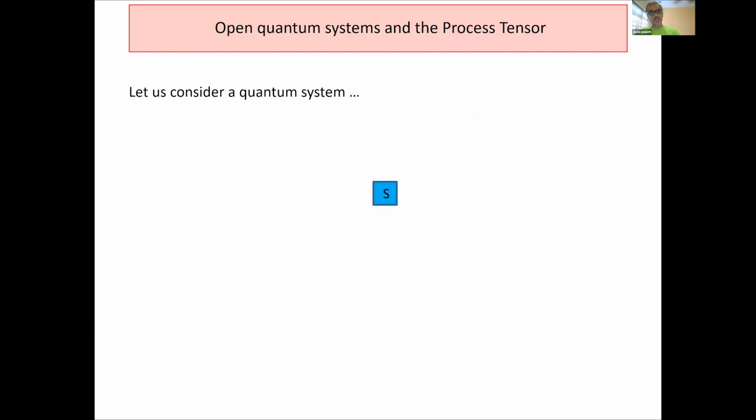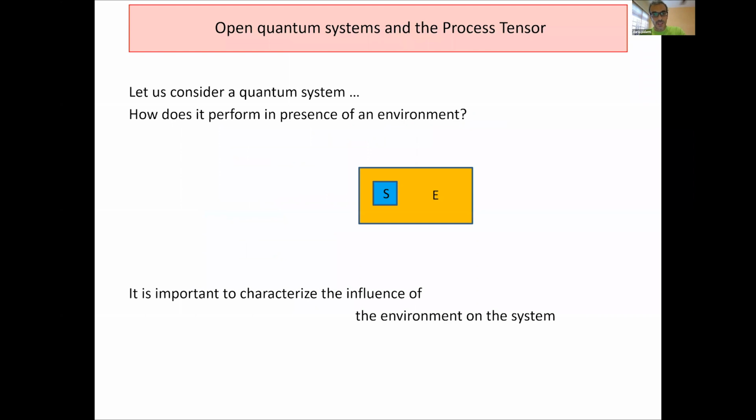So let us consider a quantum system S. And then we put it in some environment, okay? And the quantum system may be a quantum device, or something like a quantum computer or a quantum sensor. And of course, you would like to know whether it keeps its performance as it is in contact with an environment.